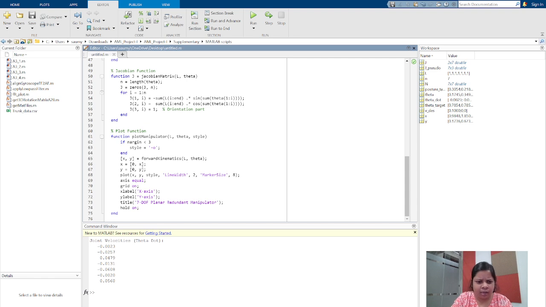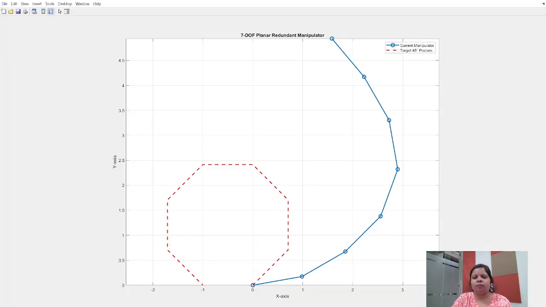Are you able to make some sense out of whatever is shown? Okay, so yeah, where is the figure? Yeah.